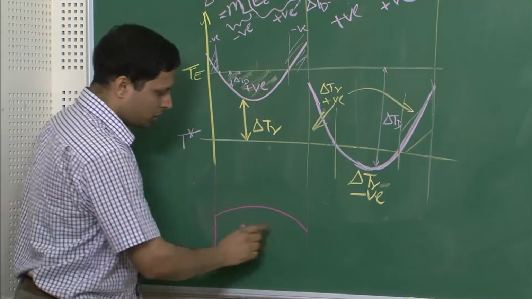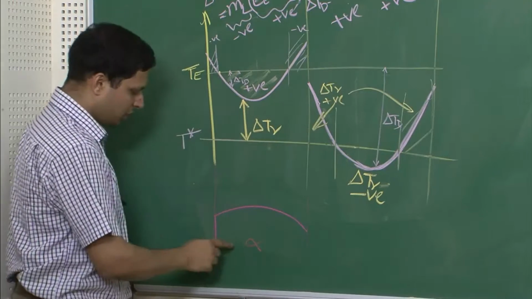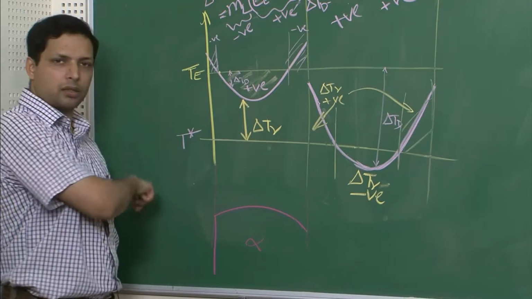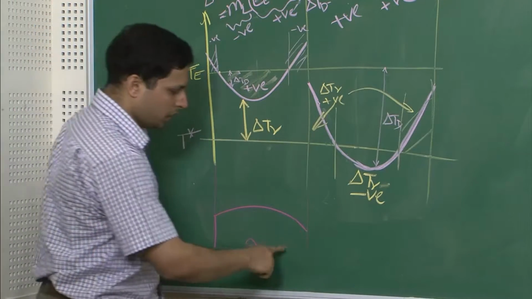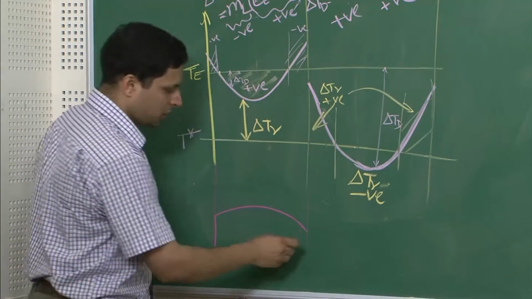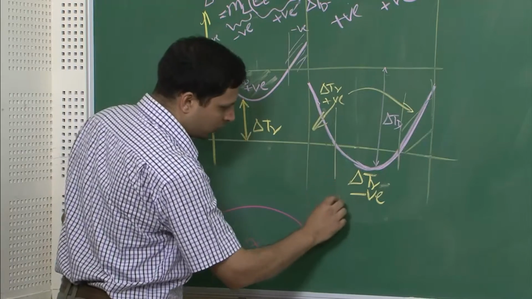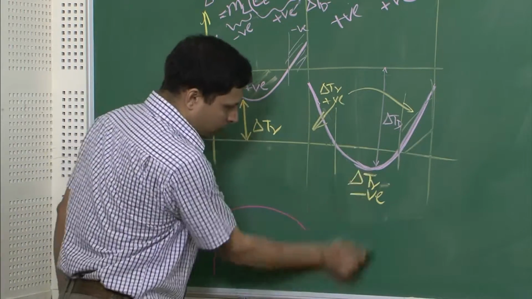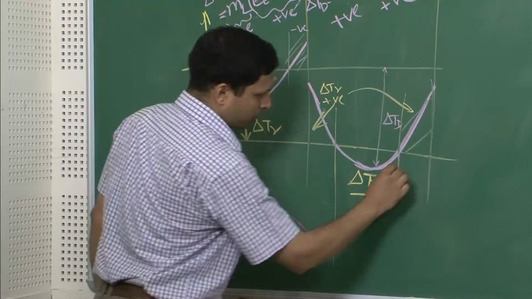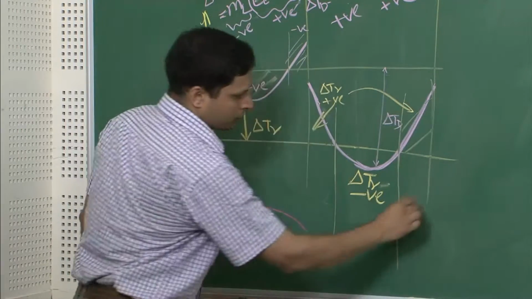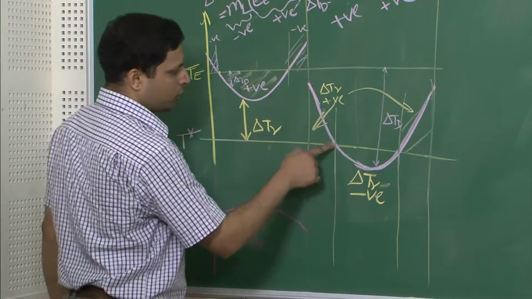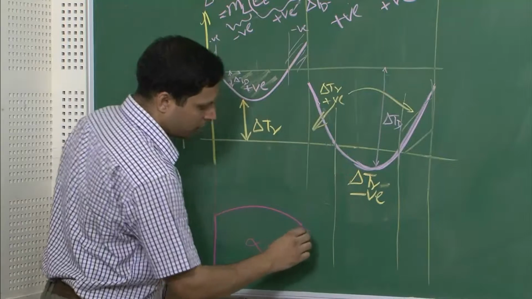This is the alpha phase that is formed. On the side of it there will again be another beta phase, and on another side again a beta phase, and so on. On this side we have another beta phase, and over here up to this point delta Tr is positive, and from this point onwards delta Tr is negative.